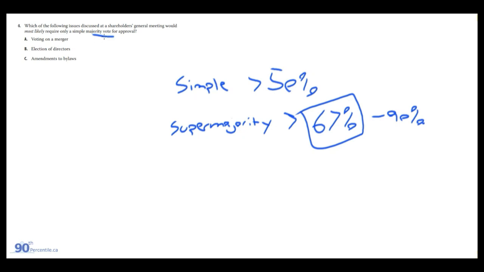So which one of these would only require a simple majority? Voting on a merger? No, this is usually a supermajority. Voting on a merger, especially a big one, is a pretty big deal, so you need a vast majority of people aligned with that. Election of directors is considered an ordinary resolution, so this requires a simple majority, just more than 50%.